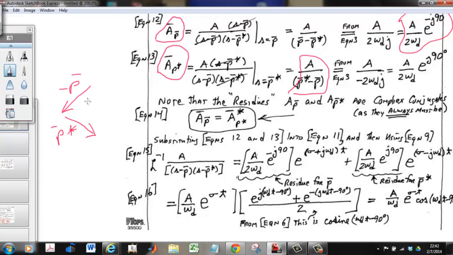So P star minus P would be this vector like so. And now it's going to have an angle of minus 90 degrees, right?